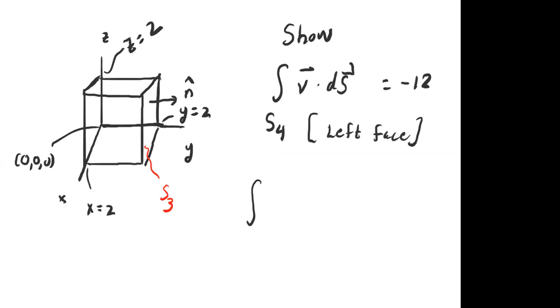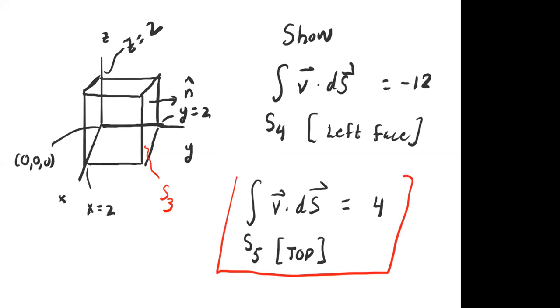And then the last surface integral that we needed to do in this case was over S sub 5. That's the top. We're not worried about the bottom of the cube in this example. And that will be equal to 4. So you need to show these are in fact true.